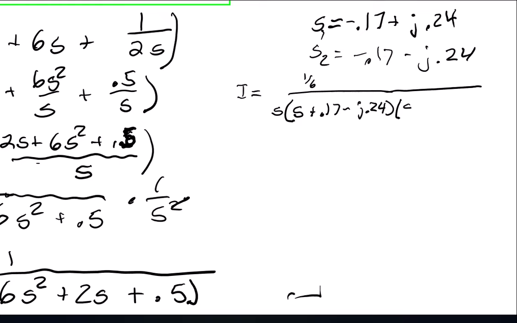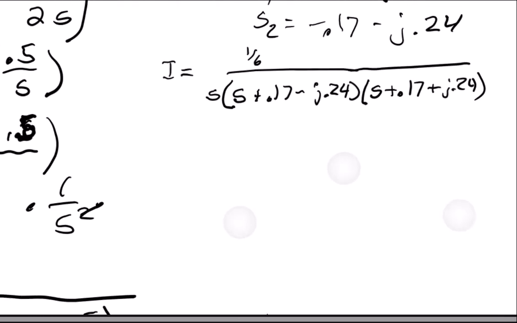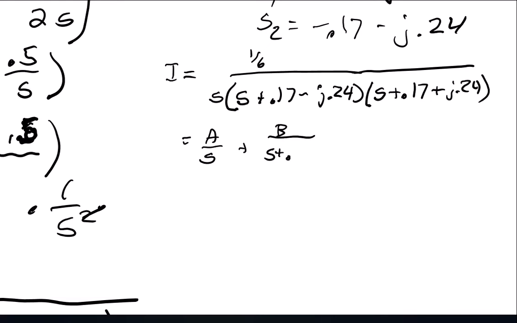And then the second one is S plus 0.17 plus J 0.24. So when you have complex solutions, they always work out like that. Now, in order to do my inverse Laplace transform, I'm going to want to do partial fractions. So I know that this right here equals some A over S plus B over S plus 0.17 minus J 0.24 plus C over S plus 0.17 plus J 0.24.